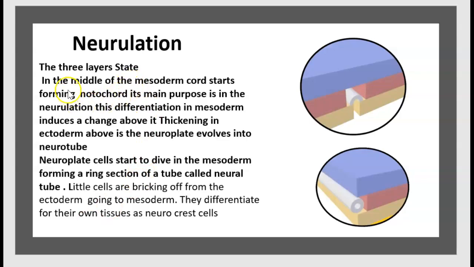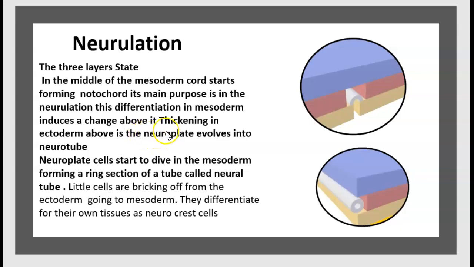Neurulation. In the middle of the mesoderm, cords start forming the notochord. Its main purpose is neurulation and to differentiate the mesoderm, inducing change and thickening of the ectoderm above it.